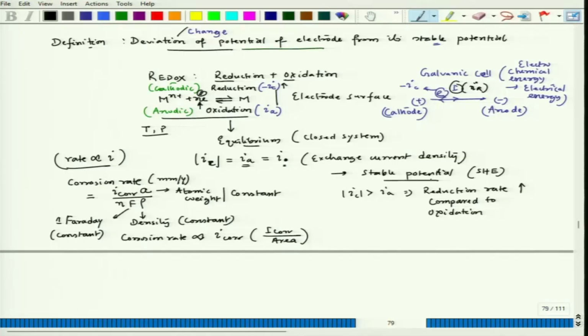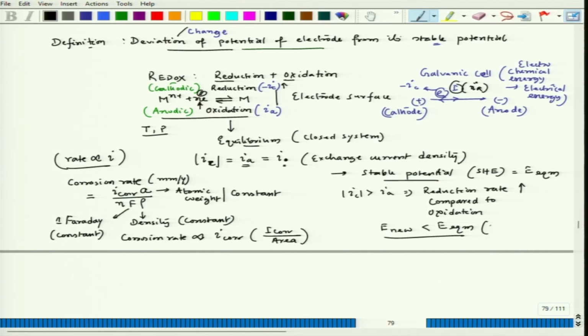Or the other way around, if I try to see that stable potential, if we send more electrons, that potential will drop. If we consider the stable potential to be E equilibrium, that potential would drop. So, the new potential would be less than E equilibrium. And then we say that the system is now polarizing.